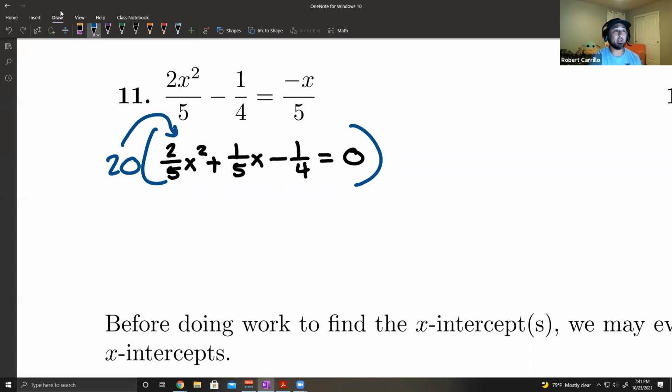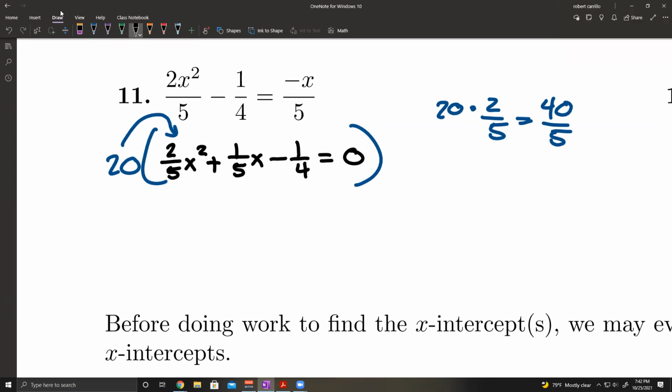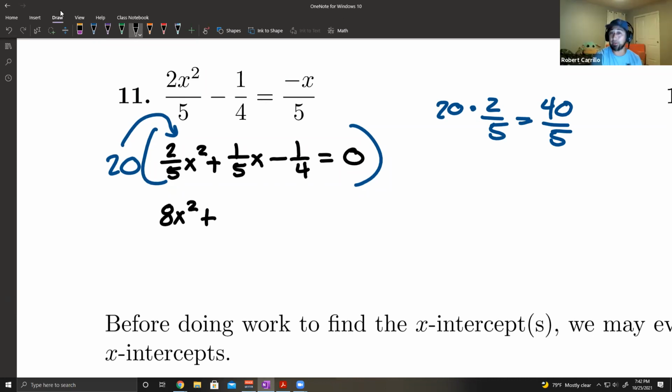Okay. So let's start with the first one. 20 times 2/5. I'll write this out to the side. Well, 20 times 2/5 gives me 40 over 5. What is 40 over 5? 8. So I get 8x squared. Ooh, that's nice, right? And then 20 times 1/5.